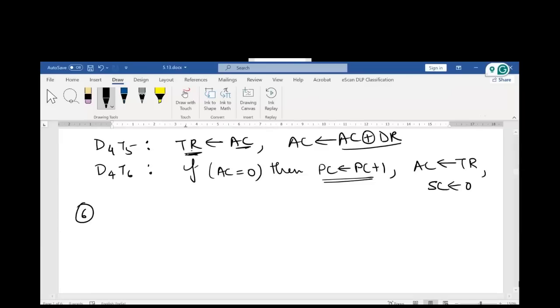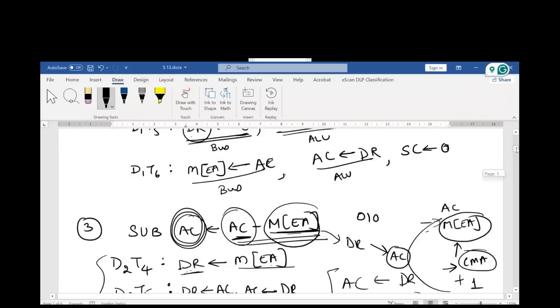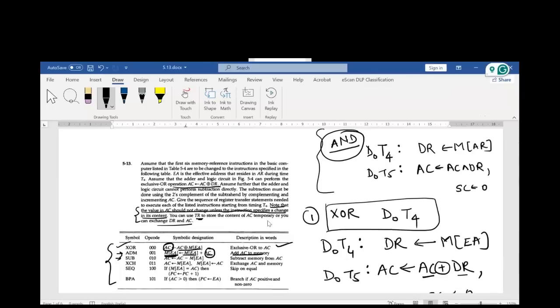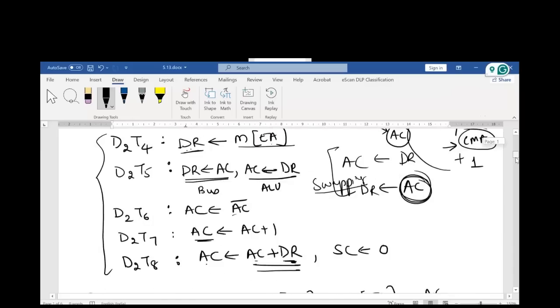And the last question given to you is, what is the last one? Okay, BPA. What is BPA? This is B5, 101. Here they are saying branch if AC is positive and non-zero. Okay, let us write the register transfer statements for this.